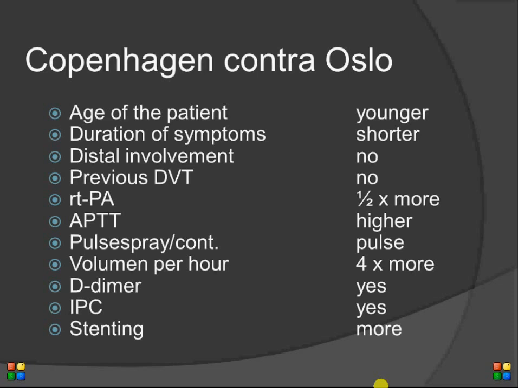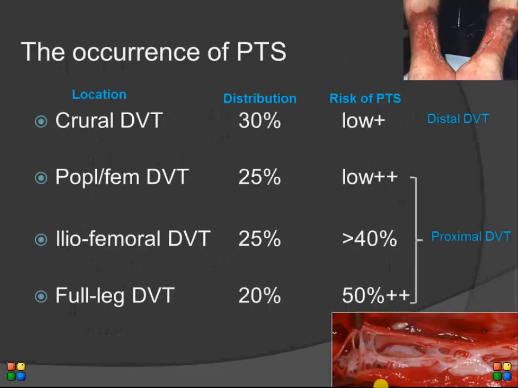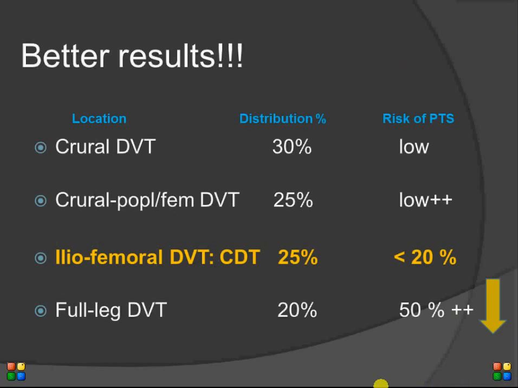We are using a lot more TPA, and we are using a higher level of PTT, and we are using pulse spray, and we are using quite a lot of volume infused per hour, 120 milliliters actually, and we are using D-dimer to follow our patients to know when to stop, and we are using an intermittent compression device, and we are stenting a lot.